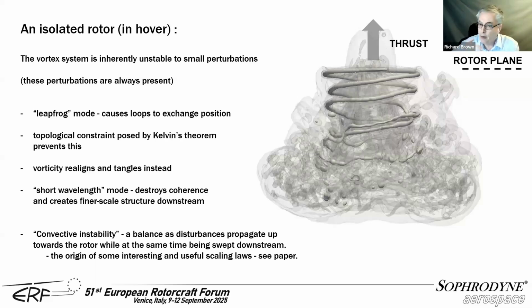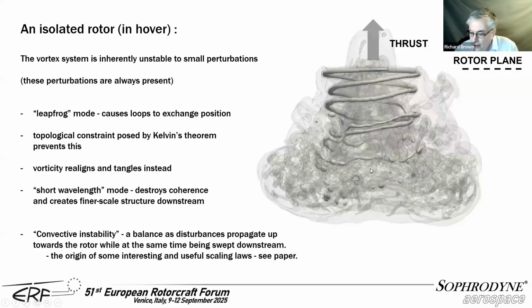So we end up with this kind of equilibrium where no matter what the thrust produced by the rotor, the wake does tend to break down at a certain distance below the rotor system, measured in terms of rotor radii. And that doesn't change for different rotors very much, or is dependent on how much thrust the rotor is actually generating.